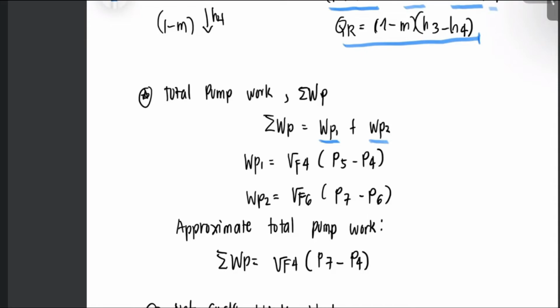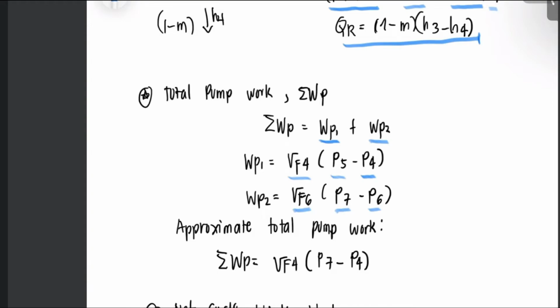So, we make always use of the approximation of the work of the pump, wherein the specific volume of saturated liquid is always multiplied by the pressure at certain point, or the pressure from the open feed water to the condenser. And the work at pump 2, we make use of the specific volume at saturated liquid that is multiplied also to the pressure at the boiler minus the pressure at the open feed water heater.